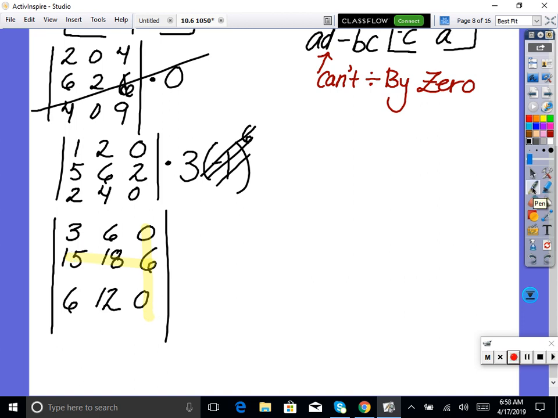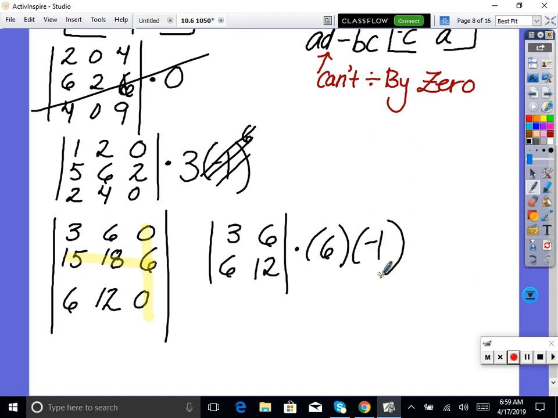So now we would say, okay, so our answer is 3, 6, 3, 6, 6, 12, times by 6 times by -1 to the second row, third column. So wouldn't that be 5? 2 plus 3. So aren't we timesing? So now let's do the math here. 3 times 12 is 36, isn't it?